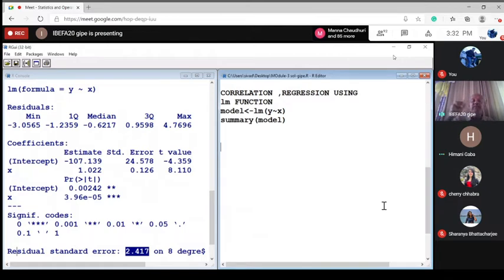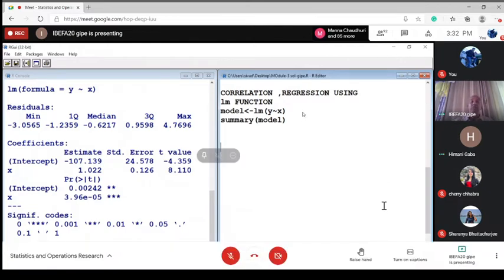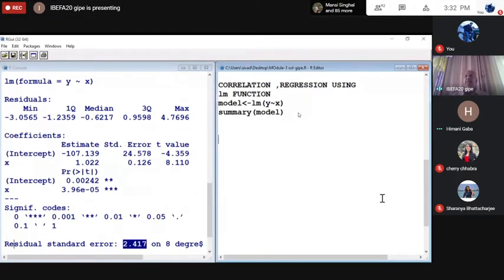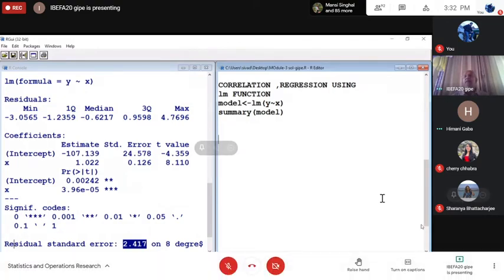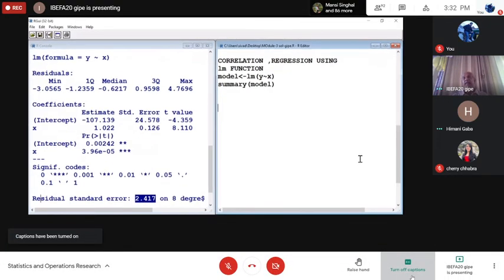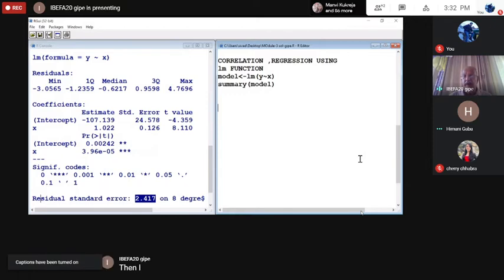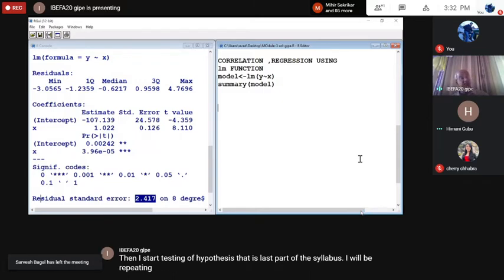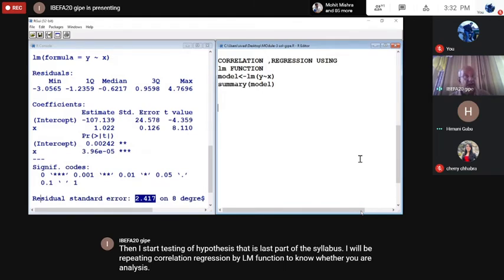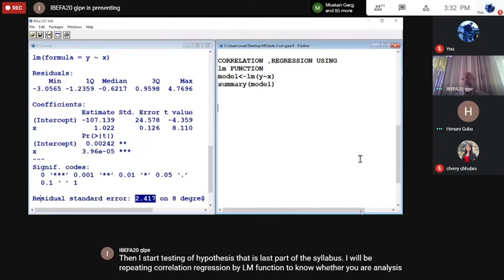I have to explain this completely, but not now. After probability, when I start testing of hypothesis, the last part of the syllabus, I will repeat correlation and regression by the LM function to know whether your analysis is a good analysis or a poor analysis.